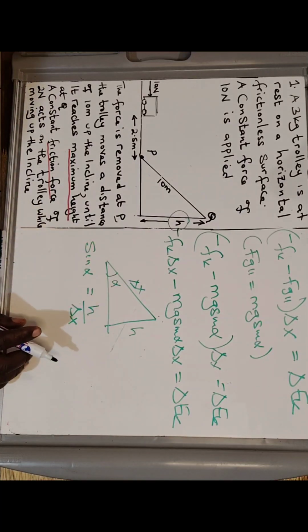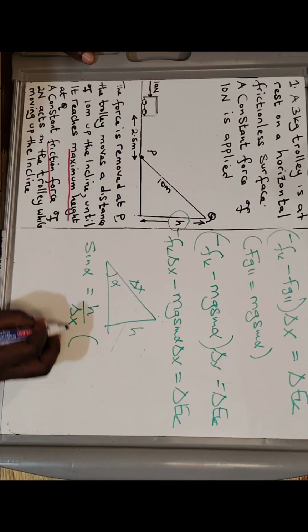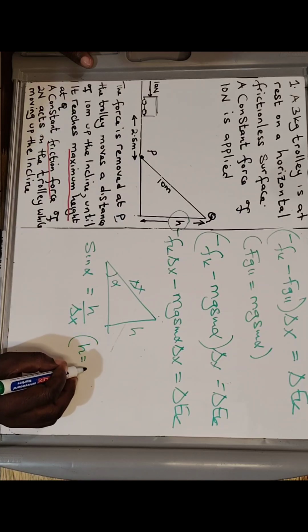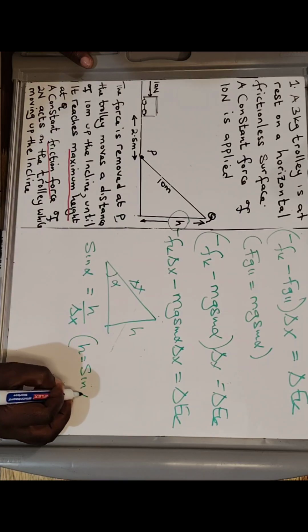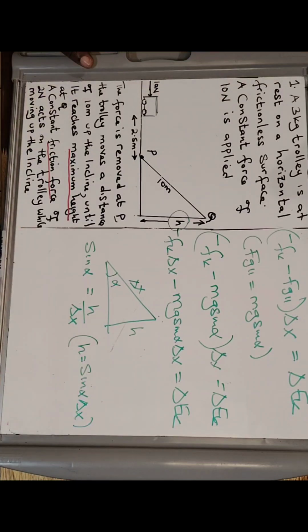So under this circumstance, what is our h? We are going to get our h as sine alpha delta x. Okay, now our h has come in.